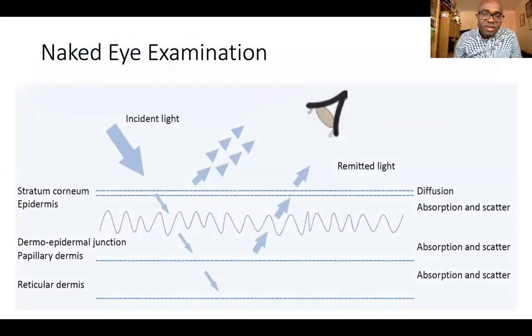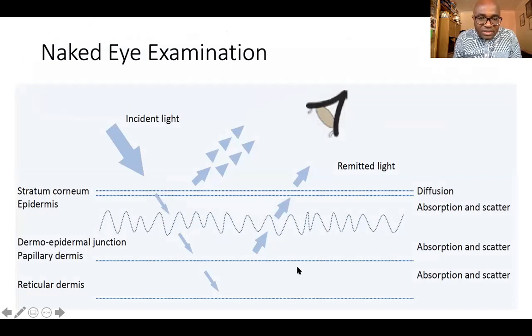So with the naked eye, you see incident light coming in, and unfortunately, because of the surface of the stratum corneum, the majority of the light is reflected out, and therefore the remitted light is not enough for you to appreciate images much deeper within the epidermis. So the light is coming in. This is the epidermis.